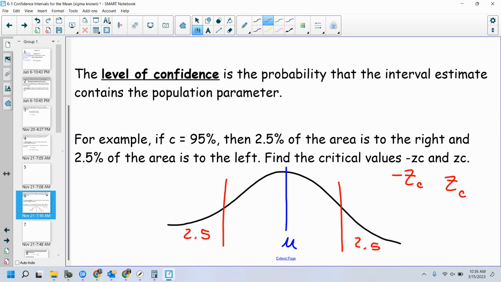For example, if you wanted to say you were 60% confident, you would have to say, well, okay, 60% falls here and here. How much left over? 40% for both sides, so 20% here, right? So what value would I be trying to find for this z-score? 80%.